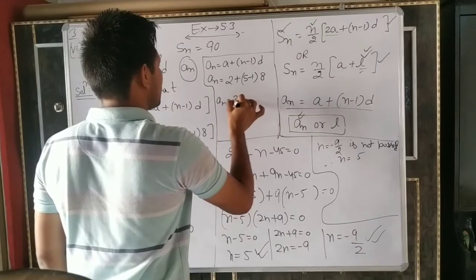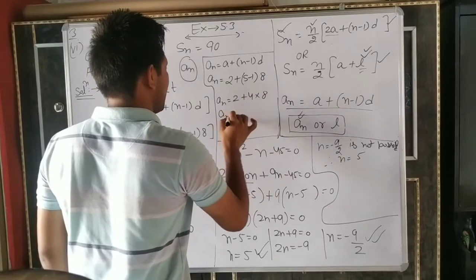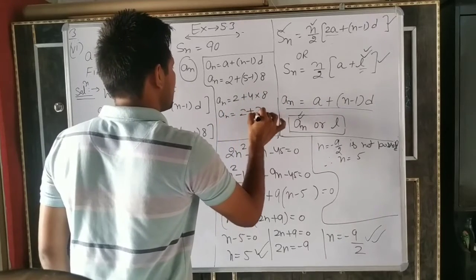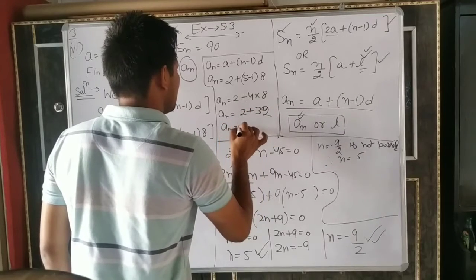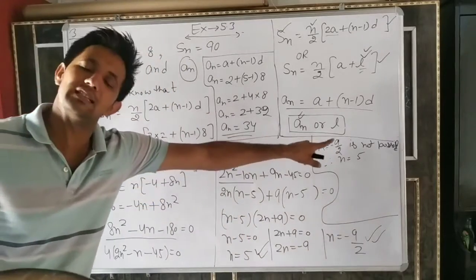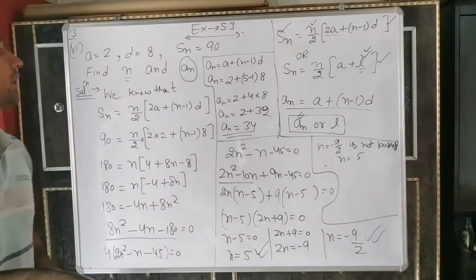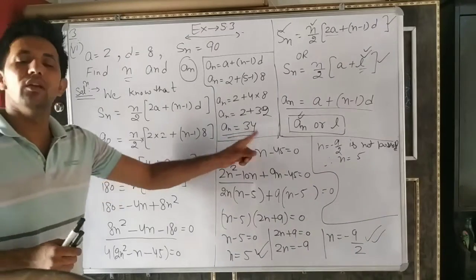So an equals 2 plus (5 minus 1) that is 4 into 8. So an equals 2 plus 32, an equals 34. So what is the last term? The last term is 34 dear. Understand dear? An is 34.